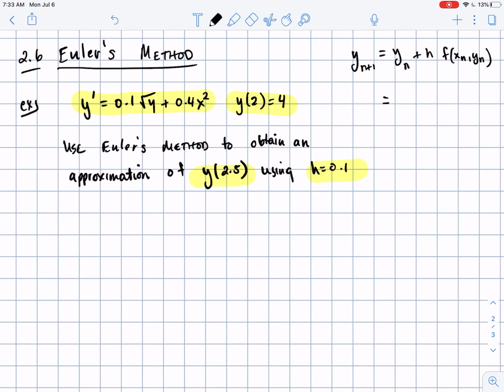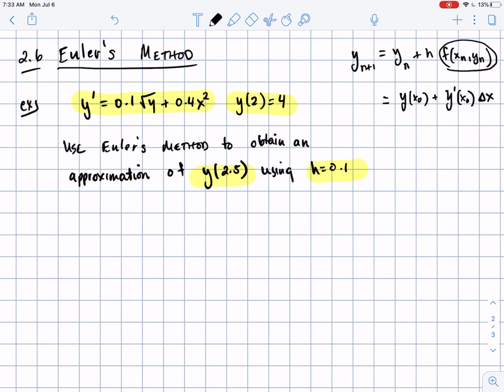So I like to have it like y of x, that's the initial value given to you, plus your derivative of that value, let's say y prime of x sub 0, and then times the change of x, which is really like your h.